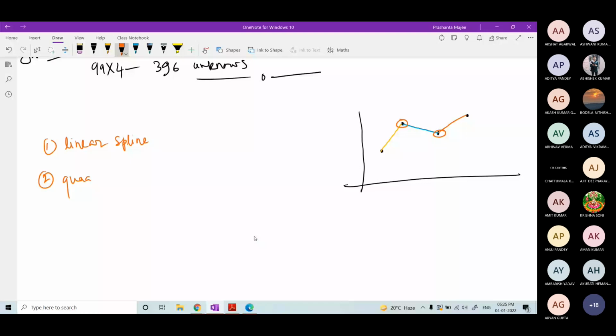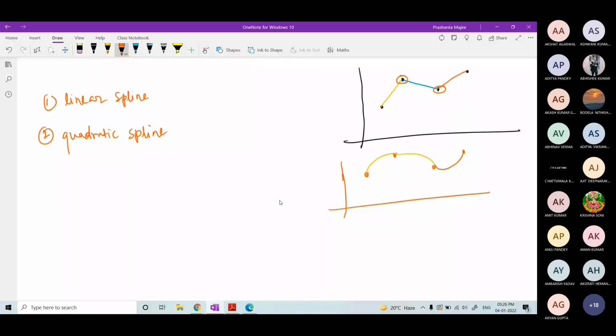Then another quadratic curve joining the next data points, and the last 2 data points will be joined by another quadratic curve. Here, though the curve is continuous and the derivative exists everywhere, the curvature of the curve is not continuous. So that is why we are increasing the degree of each piece by 1 more. That is why we are considering cubic spline.